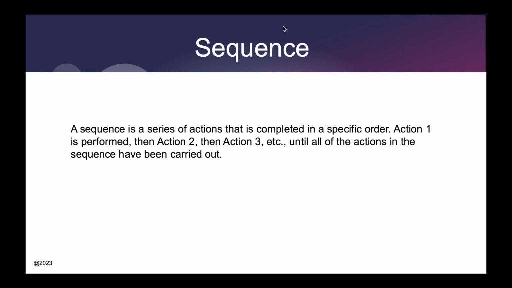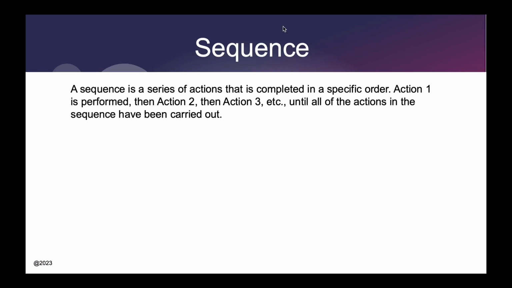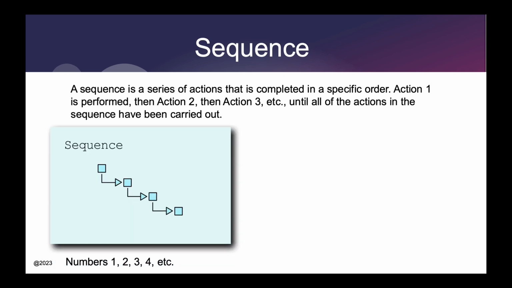Sequence. A sequence is a series of actions that is completed in a specific order. That is to say that action 1 is performed, then action 2, then action 3, and so on, until all the actions in the sequence have been carried out. Below is my diagram.